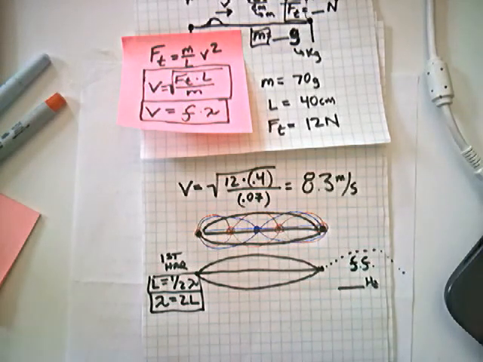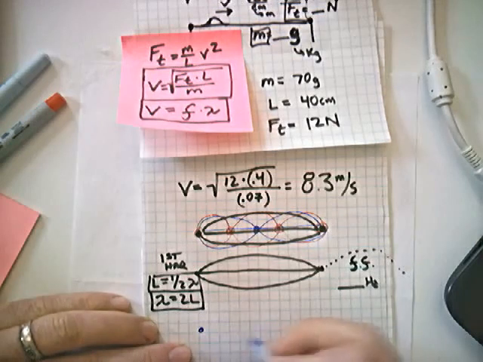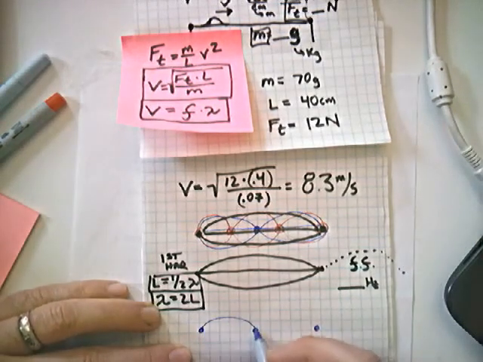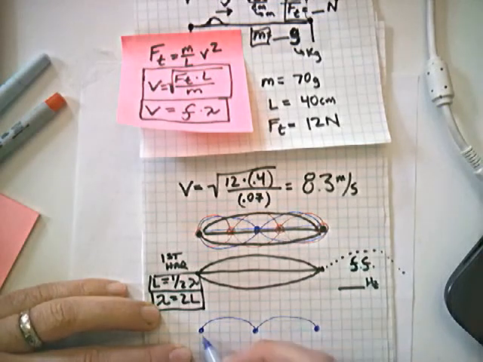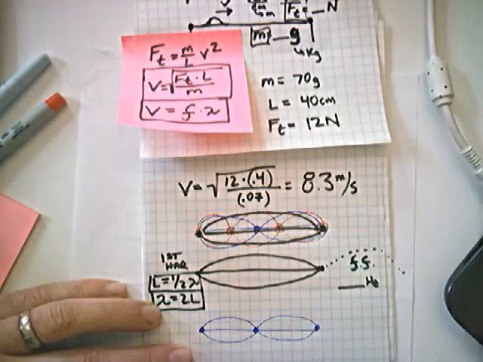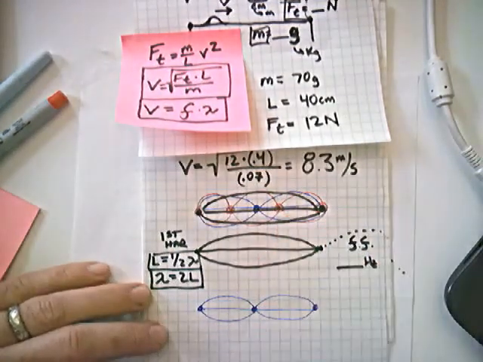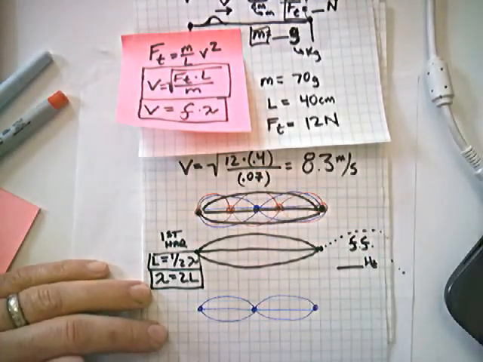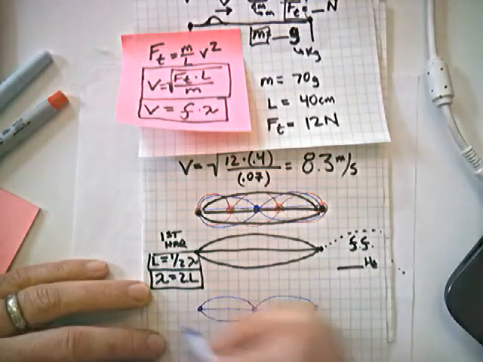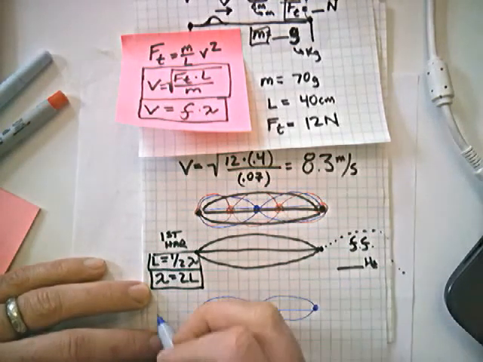The next one I drew looked kind of like this, where I had a node in the middle. I had the part of the string which wouldn't move at all, and that's happening at the same time as well. And you would generate something that looks like this. We would call this, well, let's look at the formula first. That might explain it a little bit better.